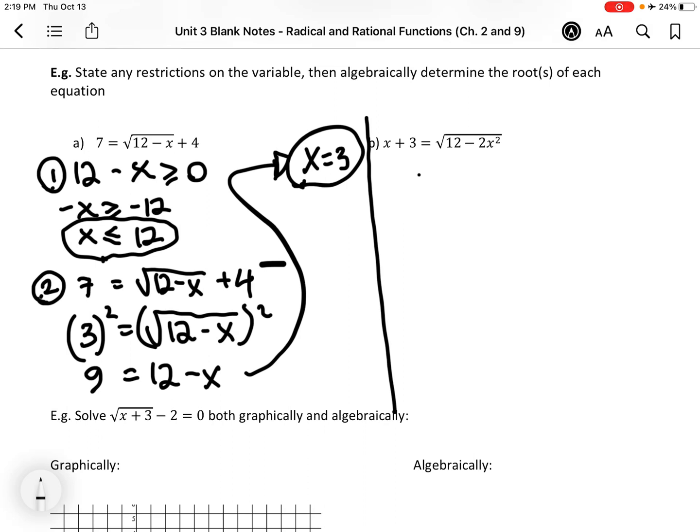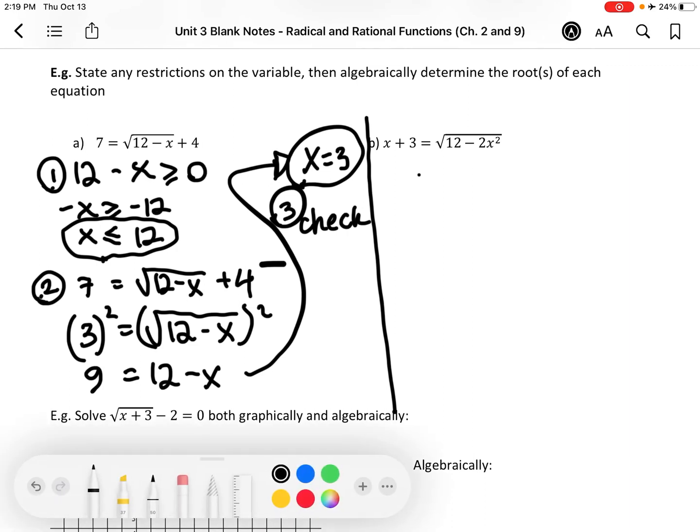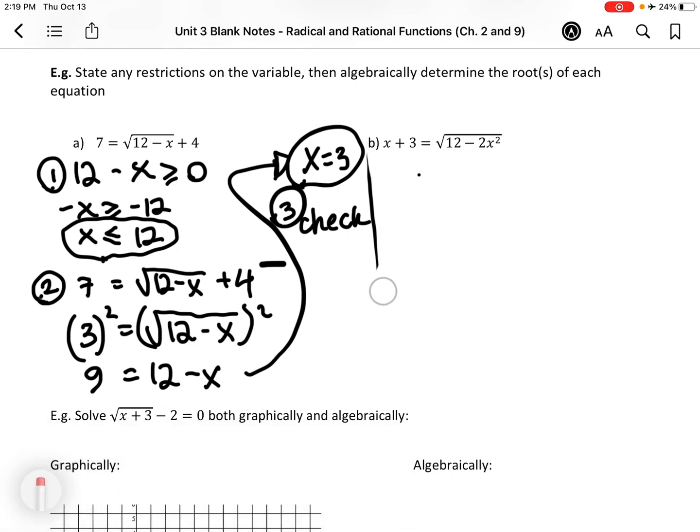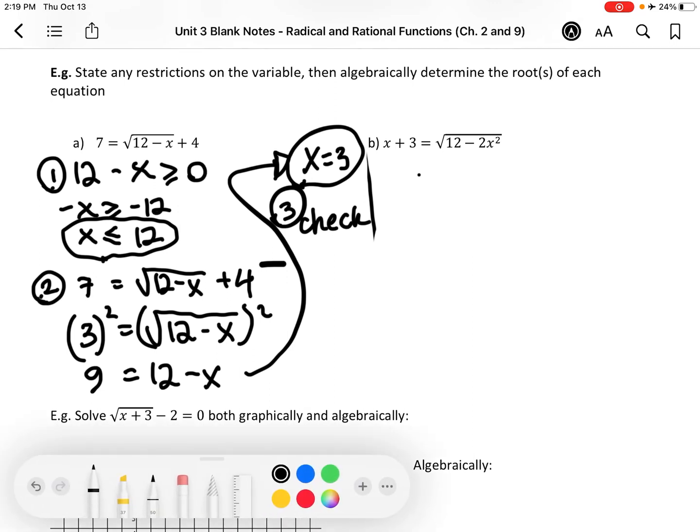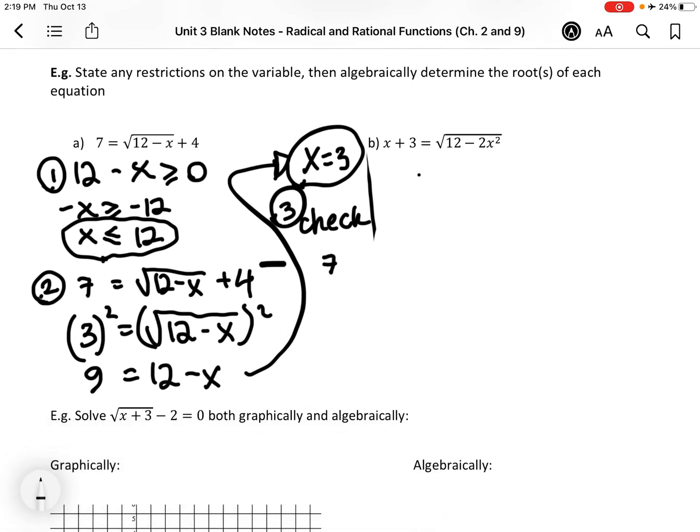So I'm going to check by looking at the left side of the equation and the right side of the equation, substituting in the value x equals 3 on both sides.